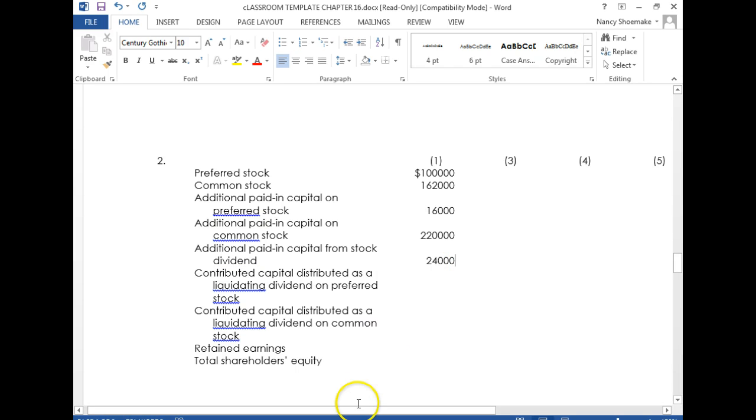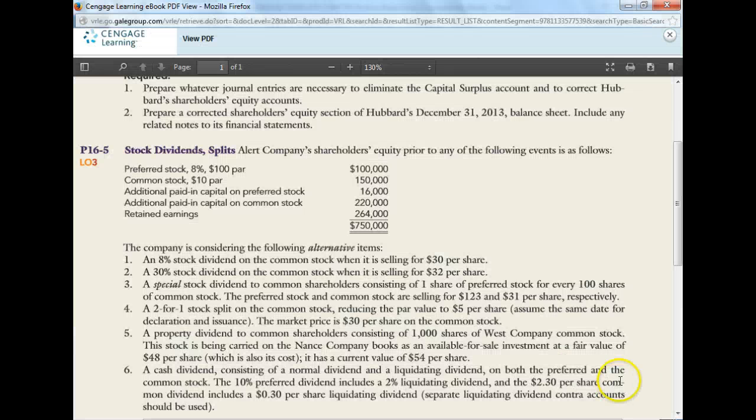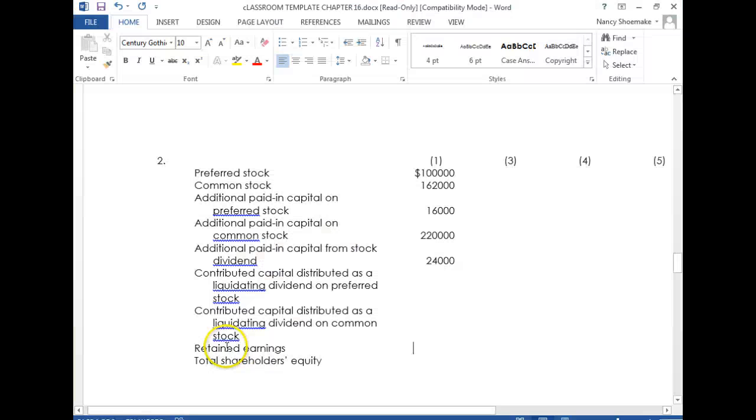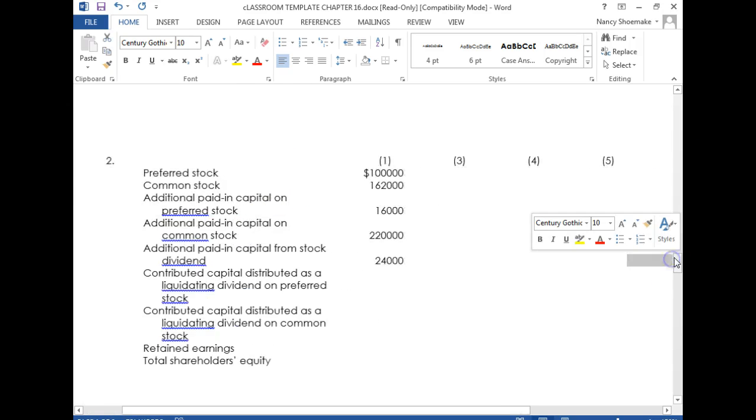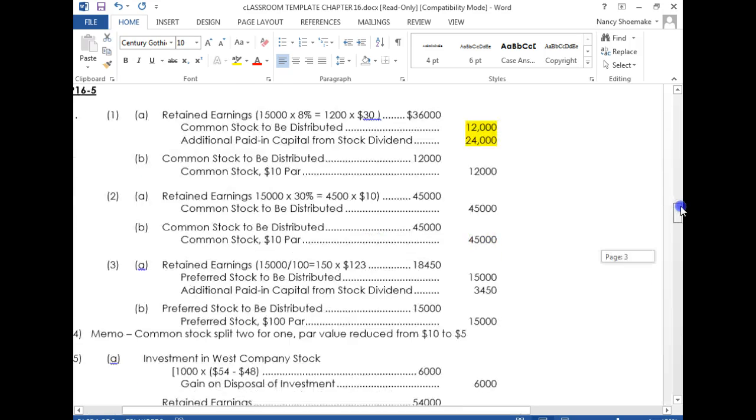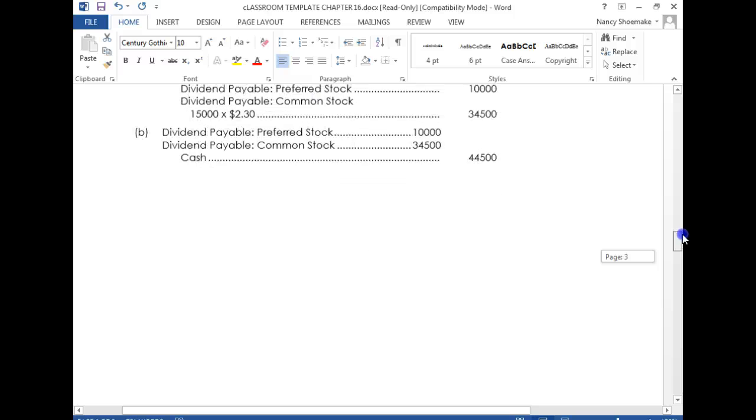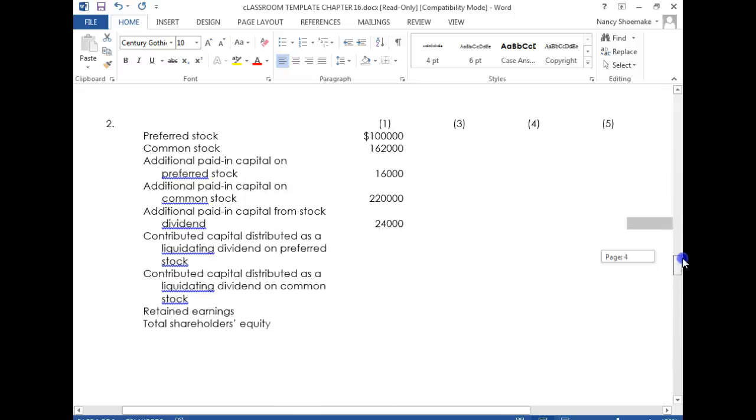And then what are our retained earnings going to be? We started with retained earnings of 264. What did we reduce our retained earnings by? 36,000. So 264 minus 36,000 gives us 228. What is our total shareholders' equity?